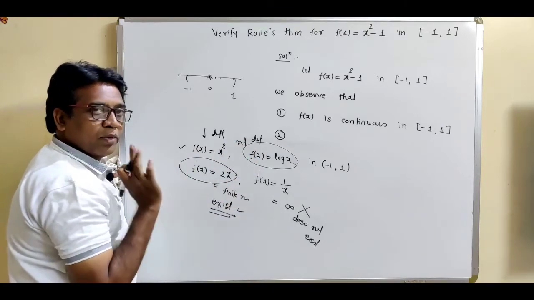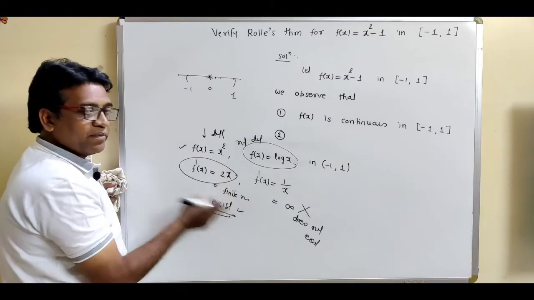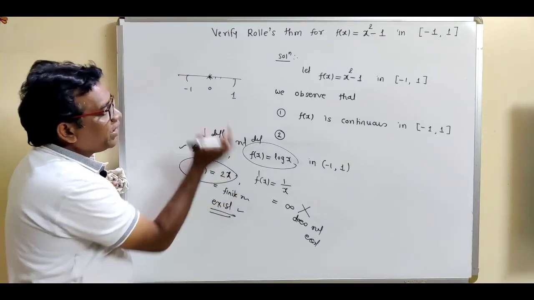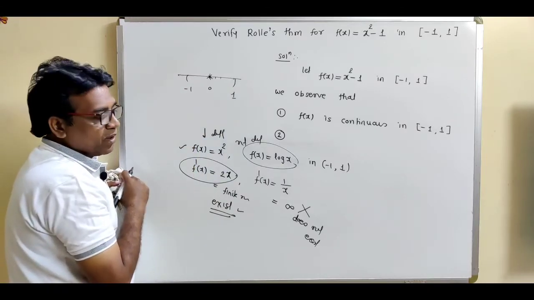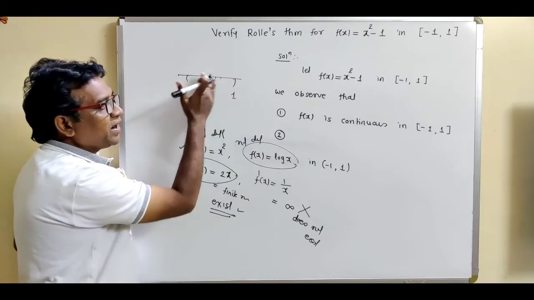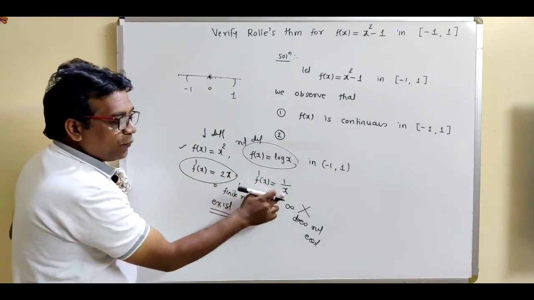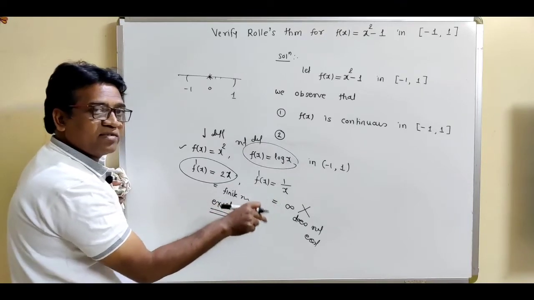So what is the meaning of differentiation? Differentiation means just find out its derivative and put the values of x in between that particular interval. If you put x equal to 0, in between minus 1 to plus 1, then we find that this derivative does not exist.